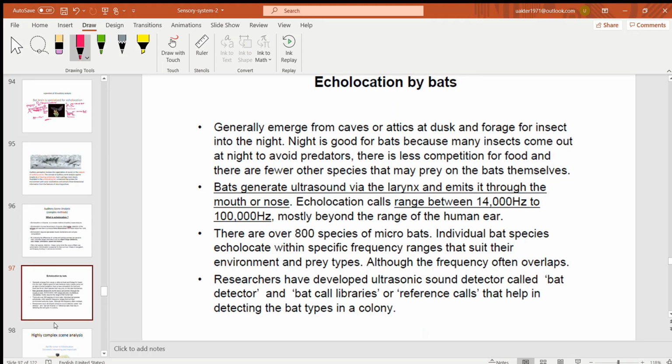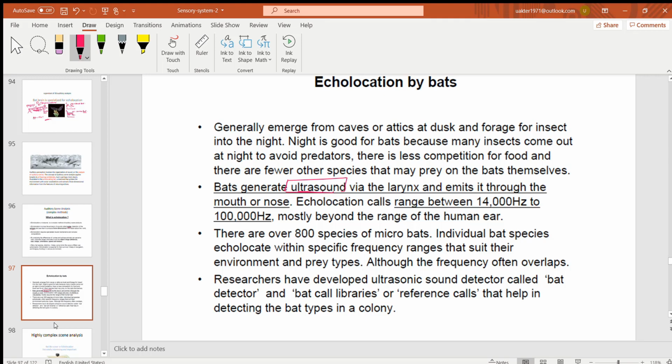Okay, and we already know that bats generate ultrasound, which is much higher than human audible sound. In most cases, bats use ultrasound, so we don't hear that.